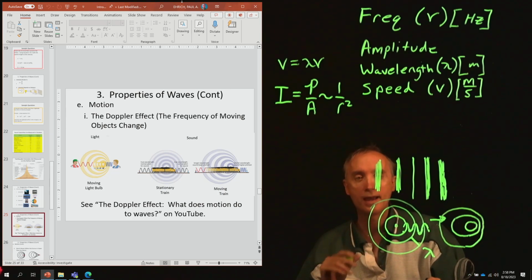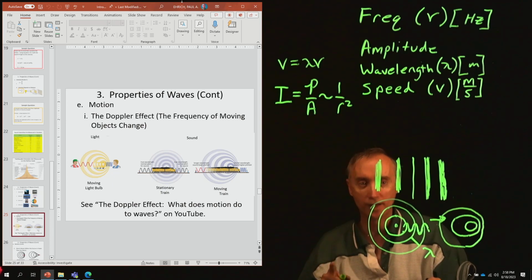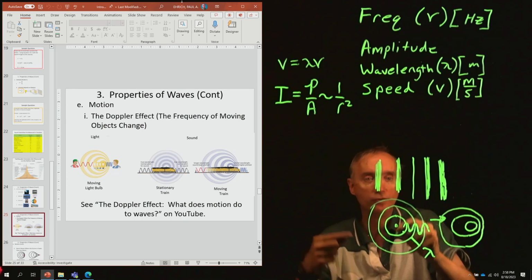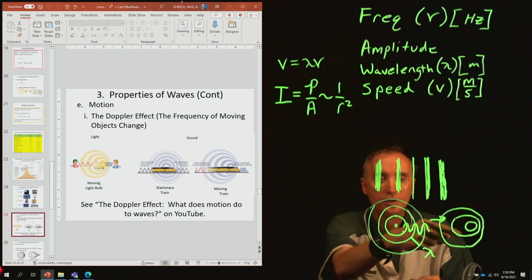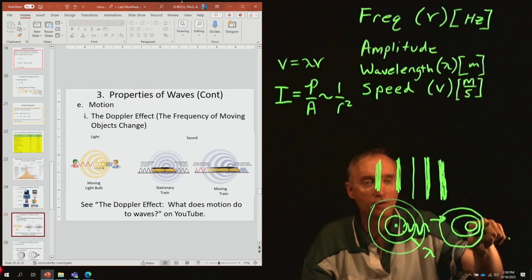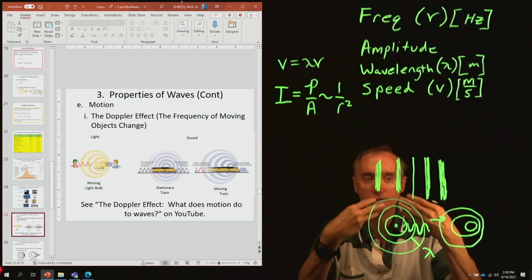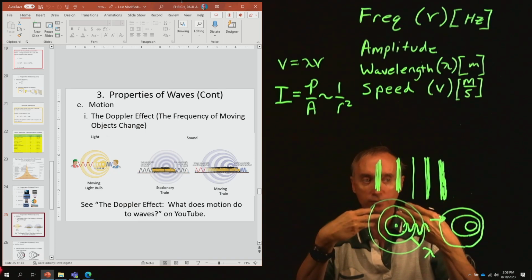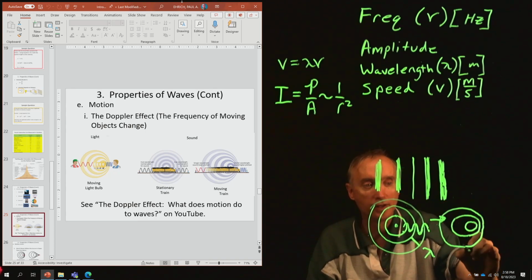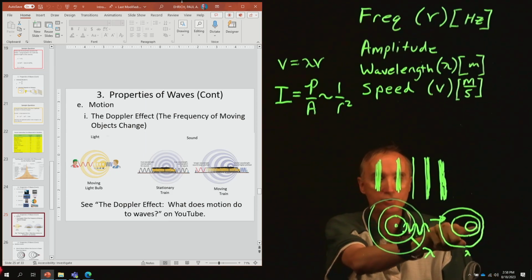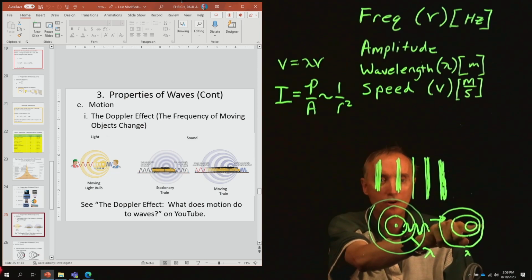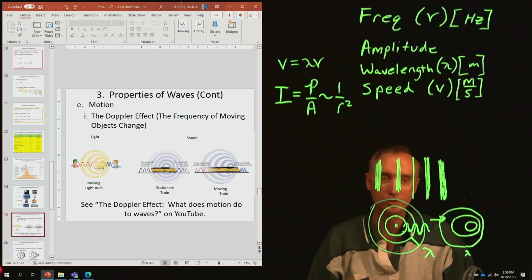So what happened to the wavelength if it's moving in this direction? If you're over here, and you are watching as this source of sound is coming towards you, the wavelength is going to get smaller. You see it's getting scrunched up? So the wavelength is going to be smaller if it's moving towards you.